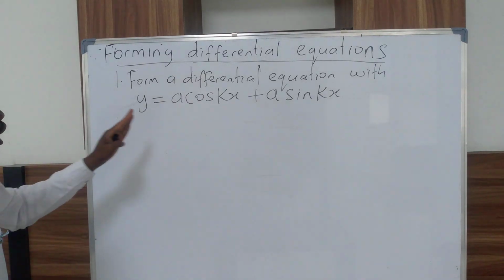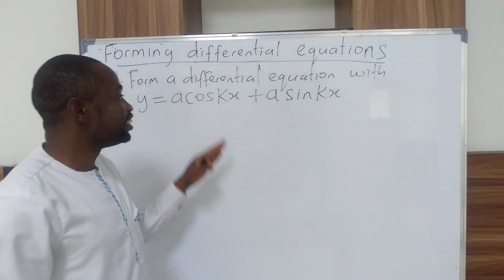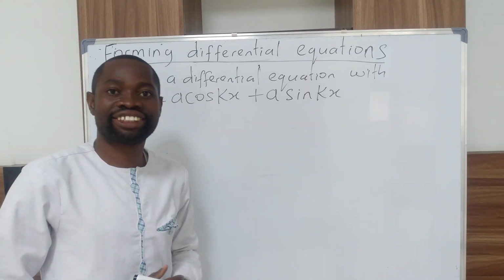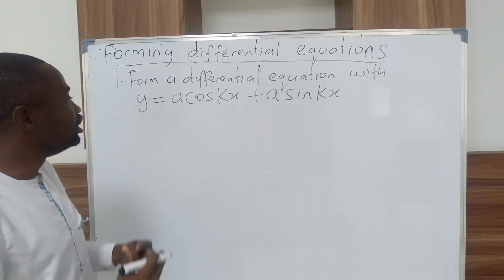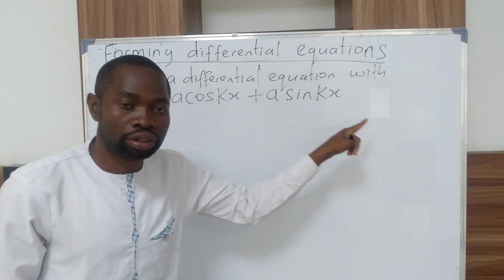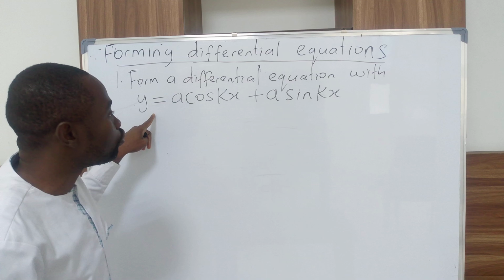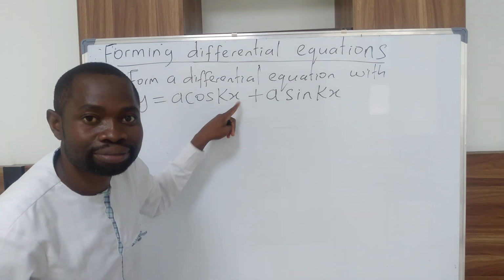Y is equal to a cos kx plus a sin kx. We want to form a differential equation with this function. This is y. Y is a function of variable x.